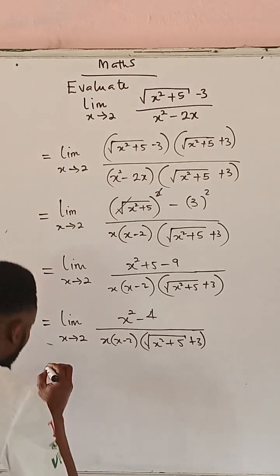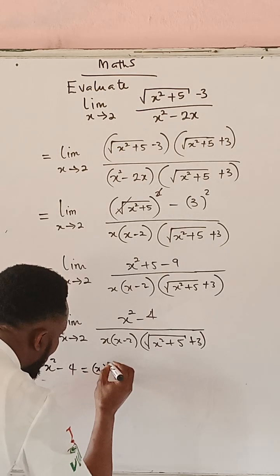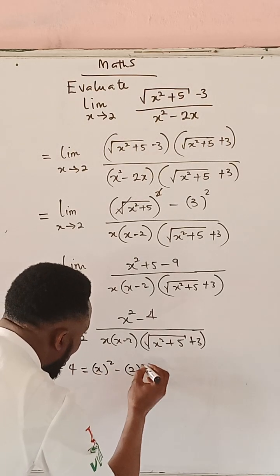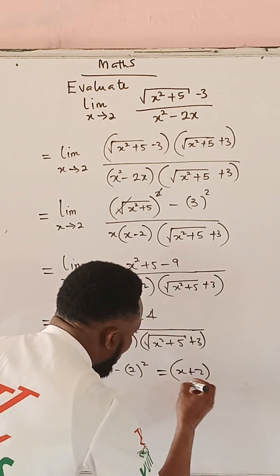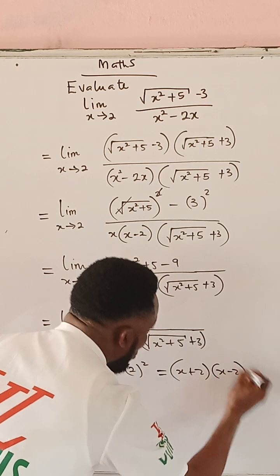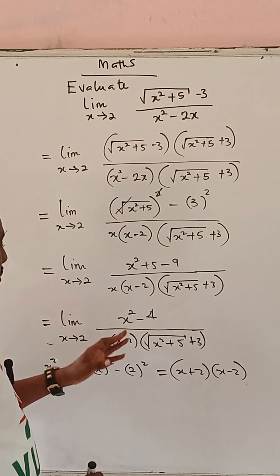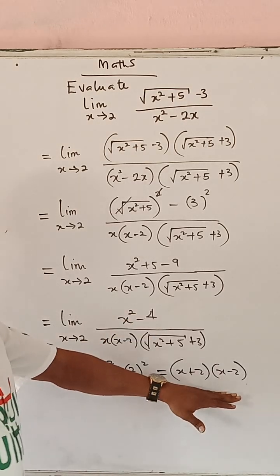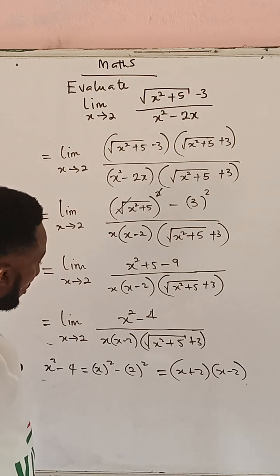So I can write s squared minus 4 as s all squared minus 2 all squared. And this is going to give me s plus 2 in one parenthesis, s minus 2 in another parenthesis. So in place of s squared minus 4, I will write s plus 2 into s minus 2.